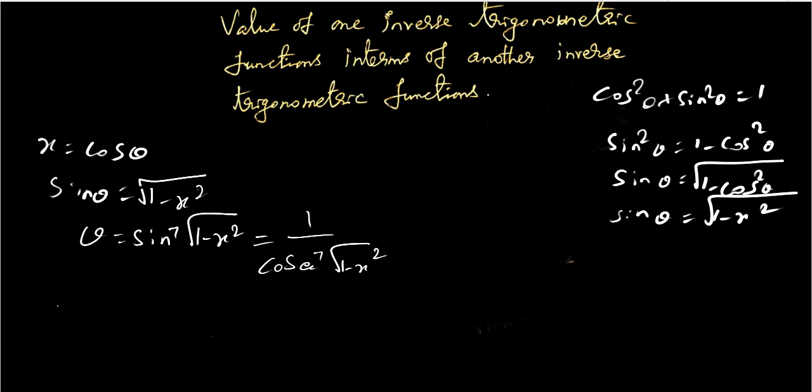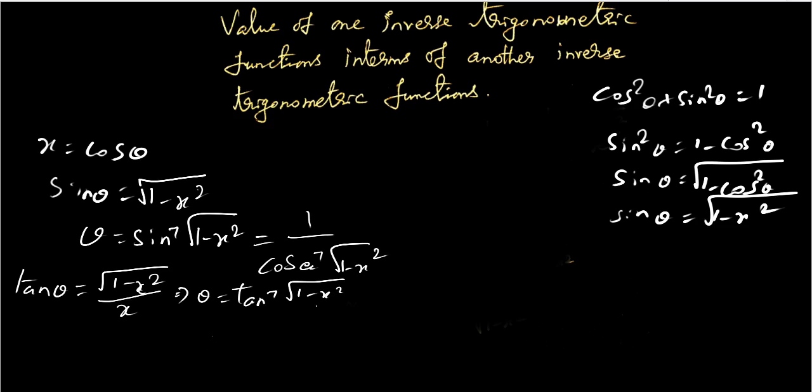If we take the tan theta value, tan theta is nothing but sin theta by cos theta. Sin theta is square root of 1 minus x square and cos theta is x. So tan theta equal to square root of 1 minus x square by x.